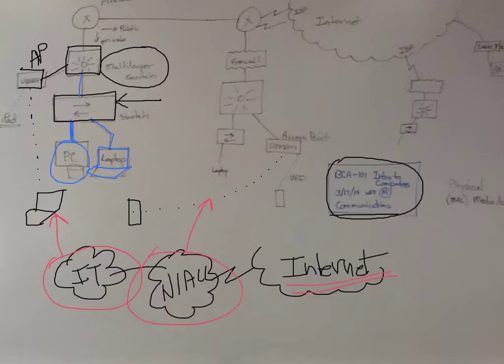We then have a connection to a router, and this router acts as a firewall for the IT area. Then there's a connection.